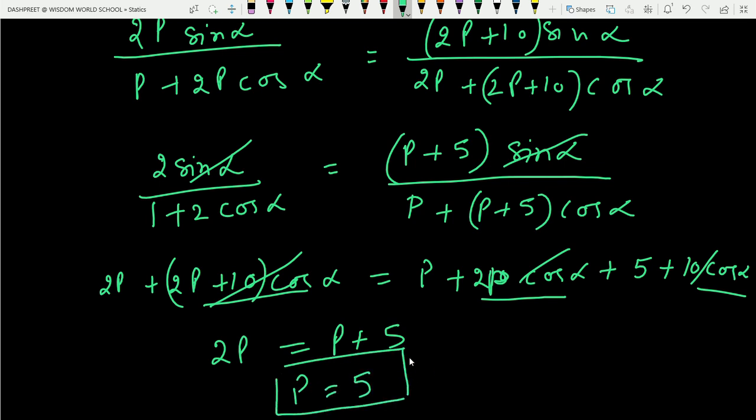The value of P in this case is 5 kilogram weight. You can write the unit as 5 kilogram weight.